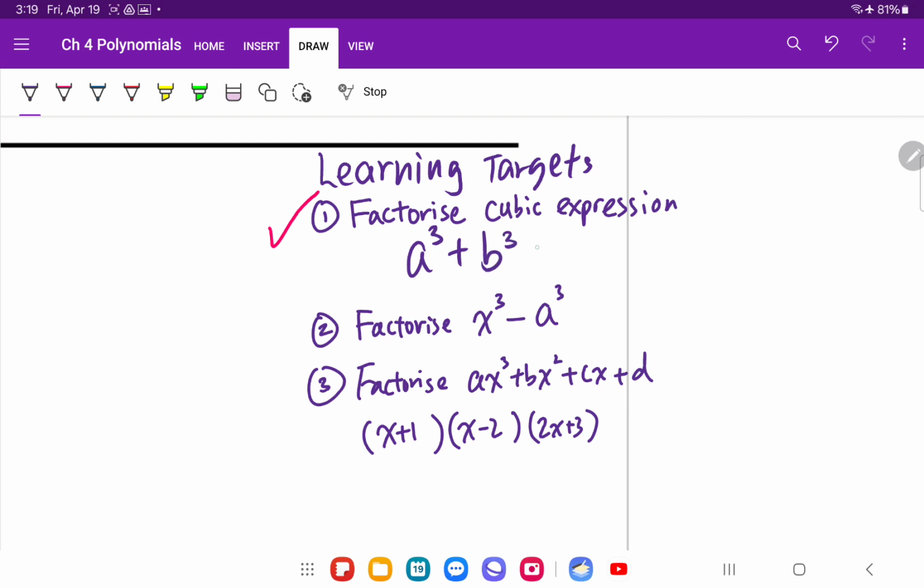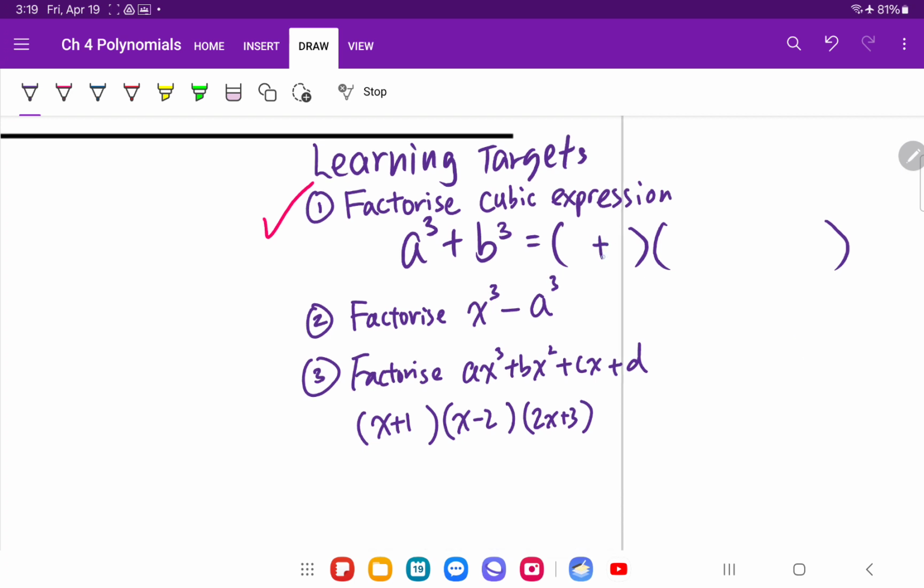Now how to factorize this? Remember, there's a small bracket, there's a big bracket, and then same, opposite, always positive. Here will be a, b, a square, a times b, and b square. So this is for the a cube plus b cube.